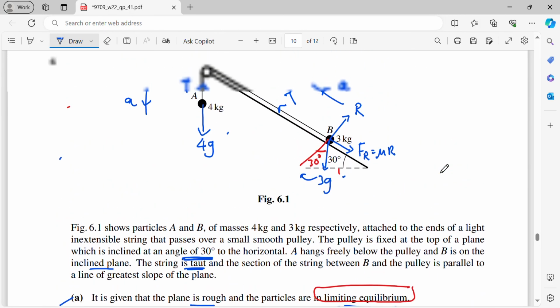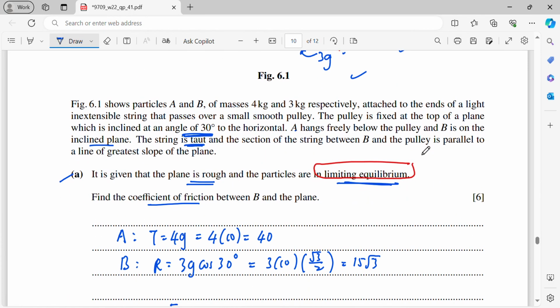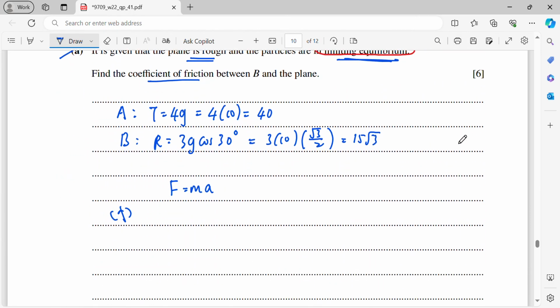Now, for the T, I'll consider the part B here. T is the force pointing upwards, and the rest, these two, will be pointing downwards. So it will be balanced because limiting equilibrium, right? So A equals 0.